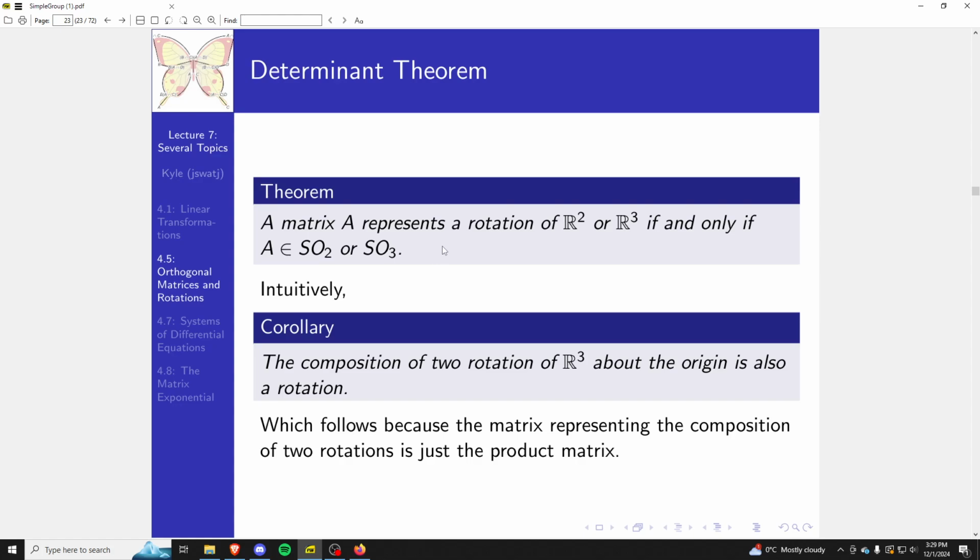And the composition of two rotations about the origin in R cubed is also a rotation. Basically, this is kind of intuitive. If you rotate twice, you'll get a larger rotation or a smaller one. This is just because of multiplying two matrices together.